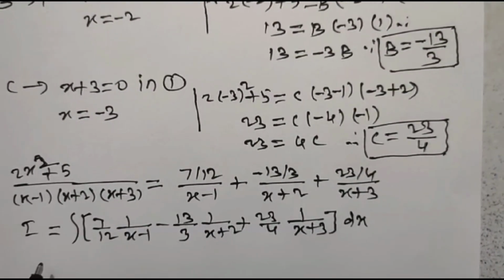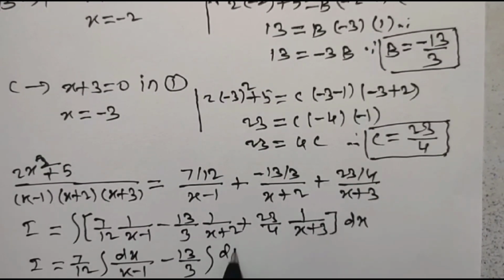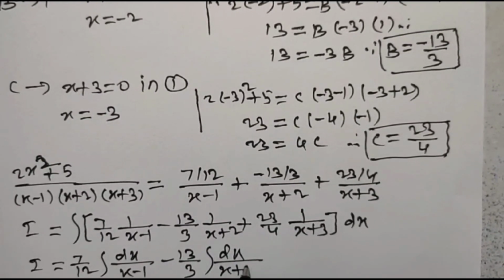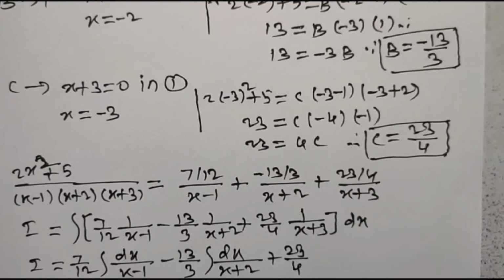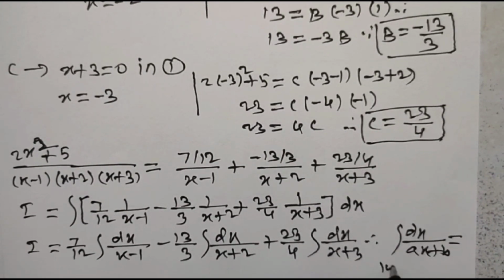Separate the integrals. Hence I is equal to 7 upon 12 integral of dx divided by x minus 1, minus 13 upon 3 integral of dx divided by x plus 2, plus 23 divided by 4 integral of dx divided by x plus 3. Since we know the integral of dx divided by ax plus b is equal to logarithm of ax plus b divided by the derivative of ax plus b, that is a.